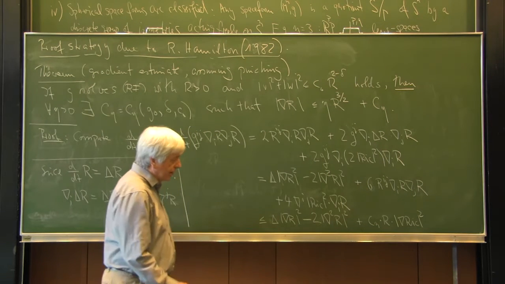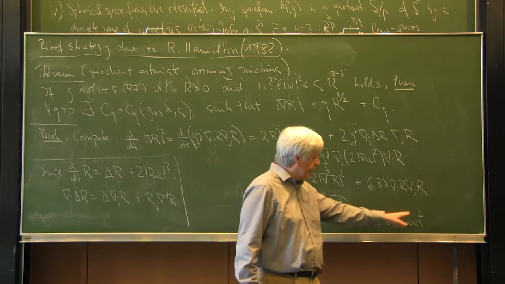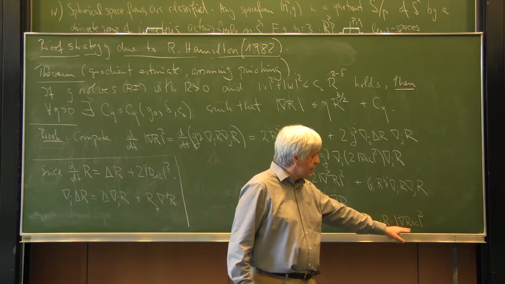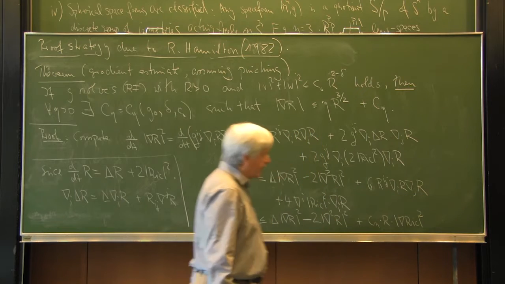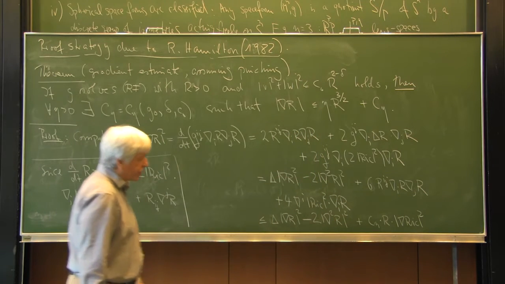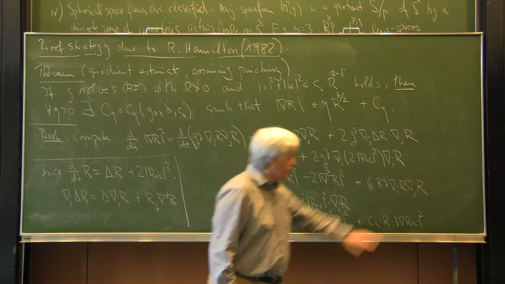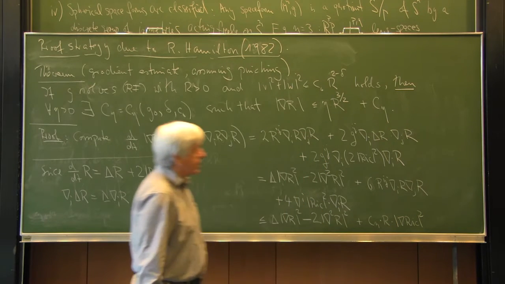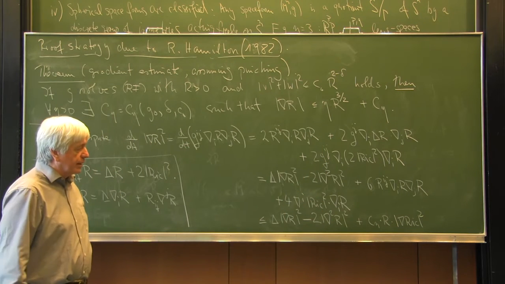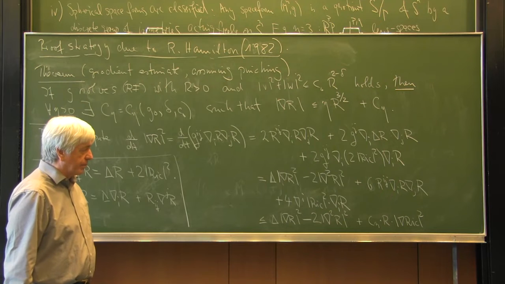Notice that, since R is the trace, the gradient of the Ricci tensor squared is bigger than 1 over n times the gradient of the scalar curvature squared. So we can combine also these terms involving the scalar curvature into one big term involving the gradient of the Ricci tensor squared.